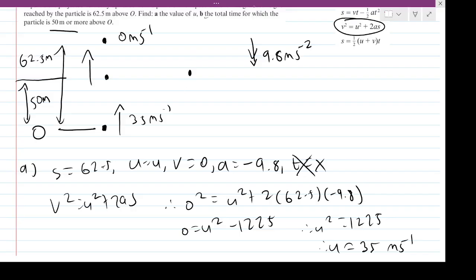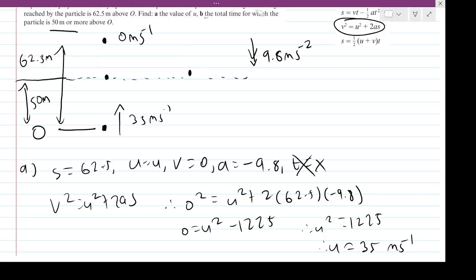So it wants this whole time where the particle is 50 meters above level O. It moves up to its greatest height of 62.5, then comes back down and reaches the 50 meter level again.